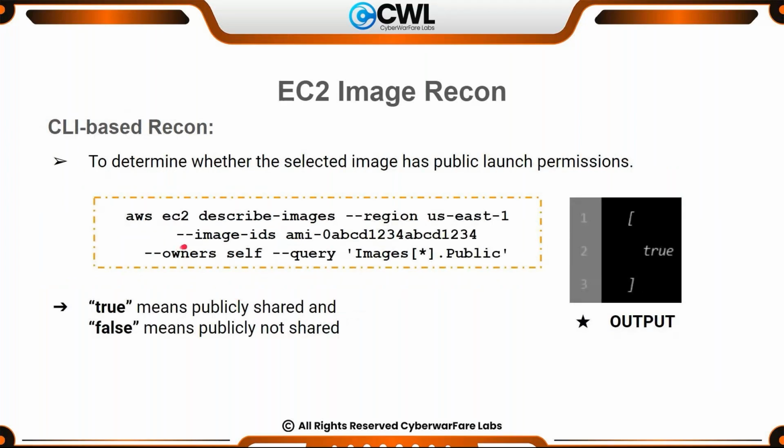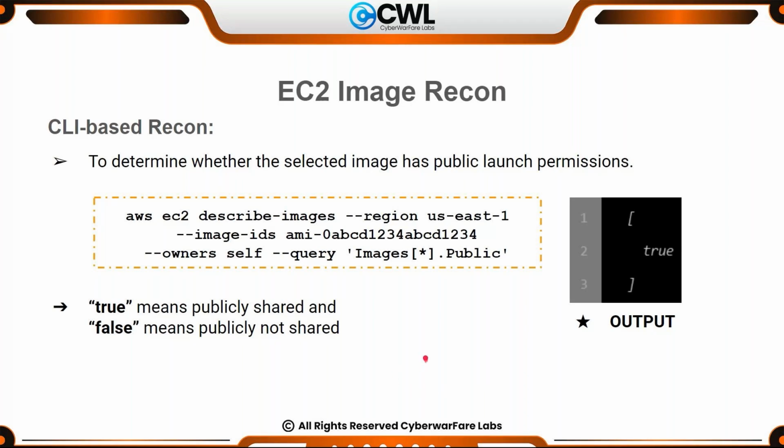This command, you can see here, ensures that the selected image has public launch permissions, as evident in the screenshot. After executing the command, we receive an output of true, indicating that the selected image has public access. Conversely, if it returns false, it means the selected image does not have public access.